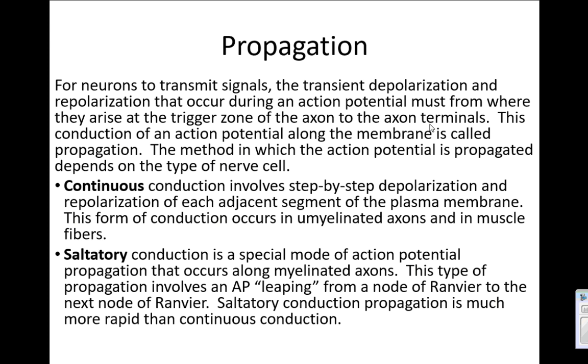Okay. When that action potential is triggered there, it's going to then spread down the length of the axon to these branches, which are the axon terminals, or telodendria. Okay. Now, it does so either as continuous conduction or as saltatory conduction, and it depends on whether or not the axon has myelin.